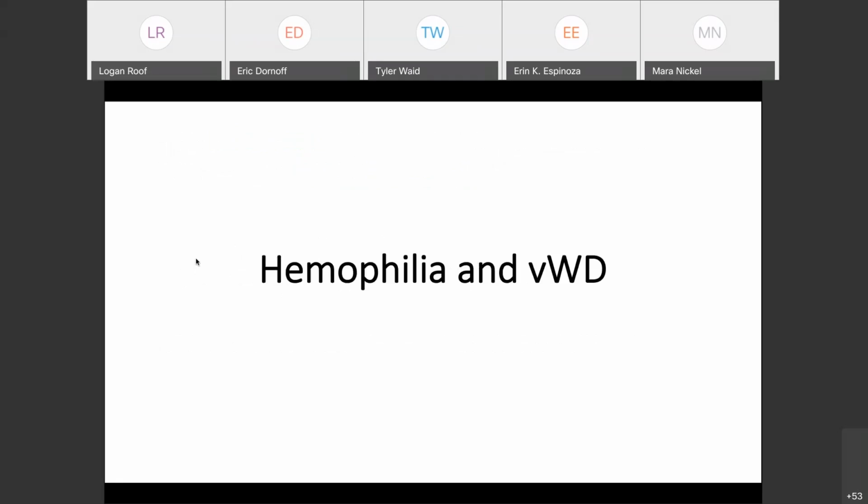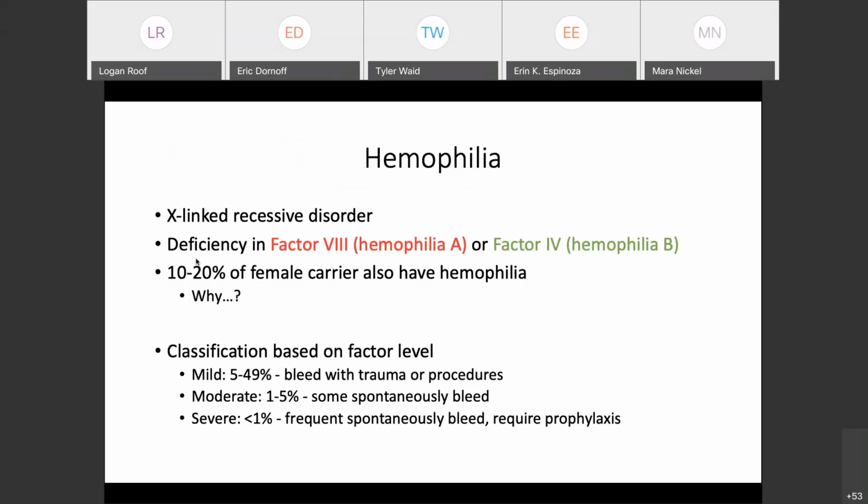So really quickly, I'm going to briefly comment on hemophilia and von Willebrand's disease because you will see these types of patients on the hemonc ward service. Hemophilia, remember, is an X-linked recessive disorder, and it's a deficiency either in factor VIII, hemophilia A, or factor IX, which is hemophilia B. 10 to 20% of female carriers can actually phenotypically have hemophilia.